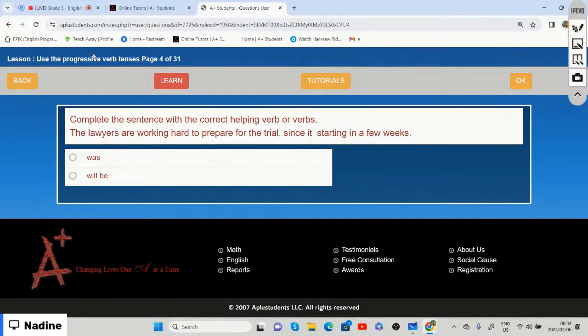So do we say the lawyers are working hard to prepare for the trial? The lawyers are working hard to prepare for the trial.